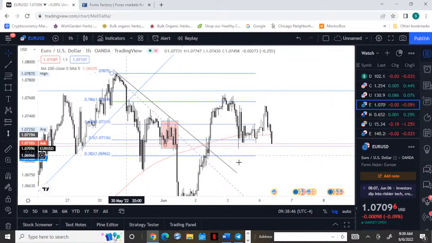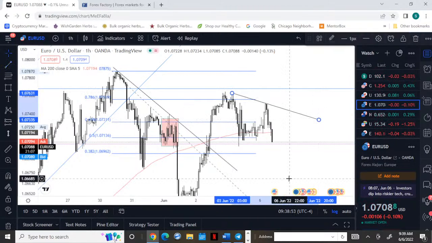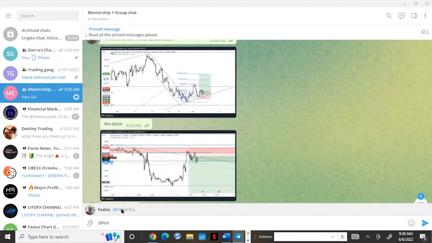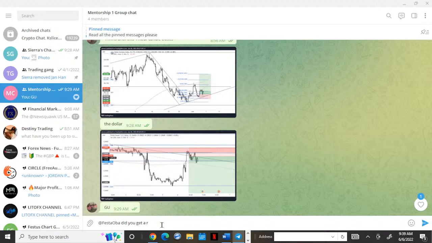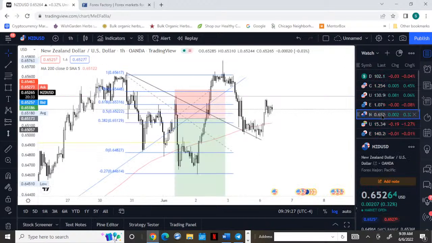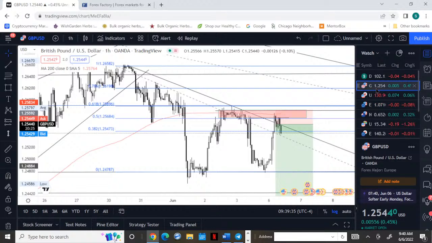Definitely missed the entry on EU to continue this sale. I have not marked anything else up besides the dollar and GU, which is moving smoothly, shall I say.